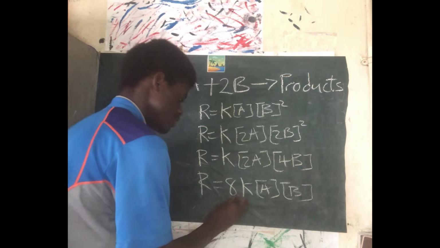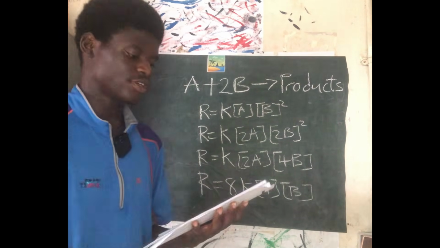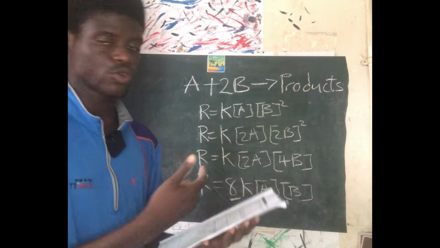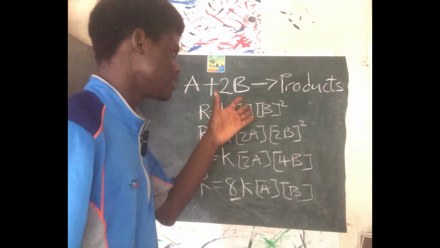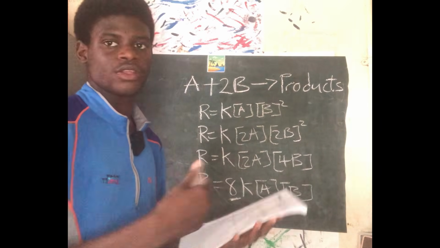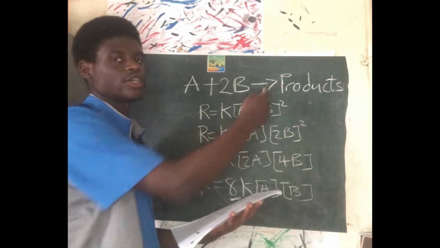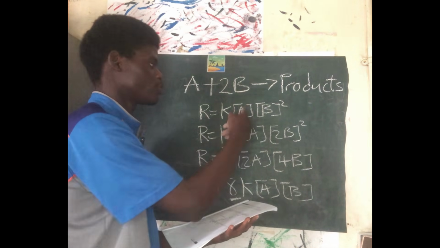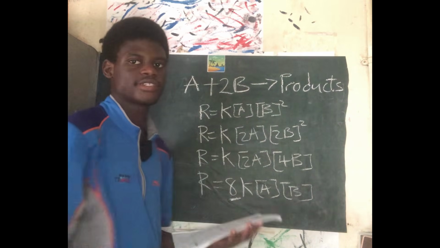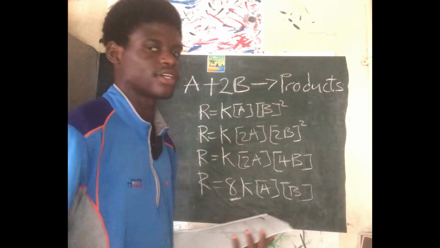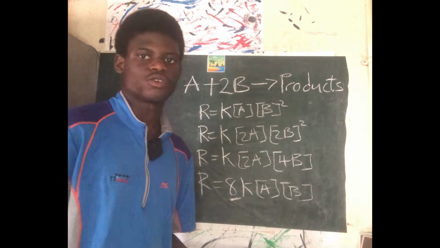The rate of the reaction is increased by a factor of 8. Instead of writing this in exam mode, you can just quickly manipulate it: this one is doubled and second order, that's 2 times 2, 4. This one is also doubled, first order, 2 raised to power 1 is 2, 4 times 2 is 8. So you can just do it fast like that instead of writing these things down.